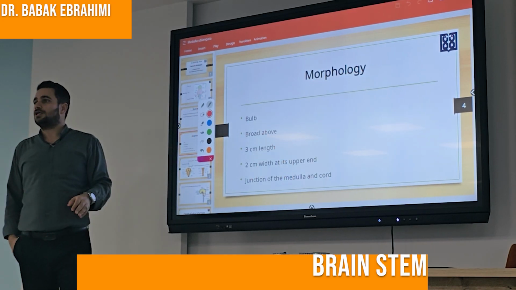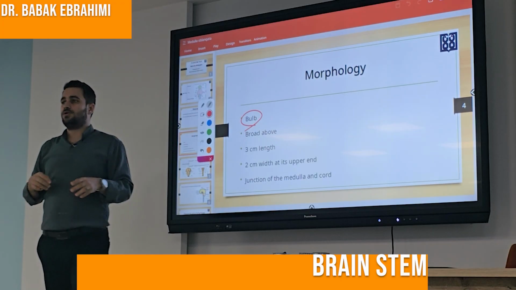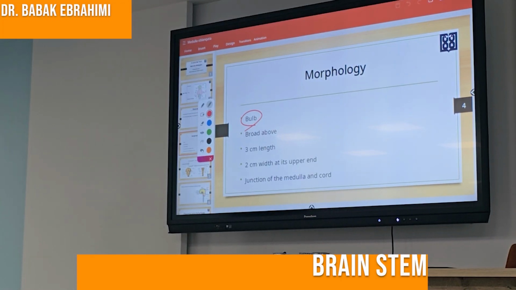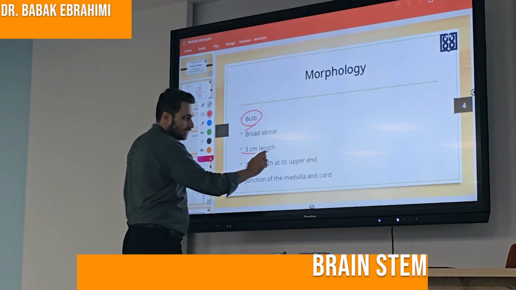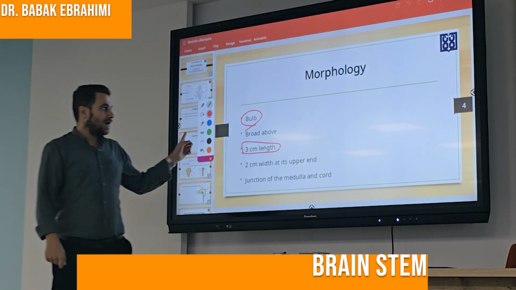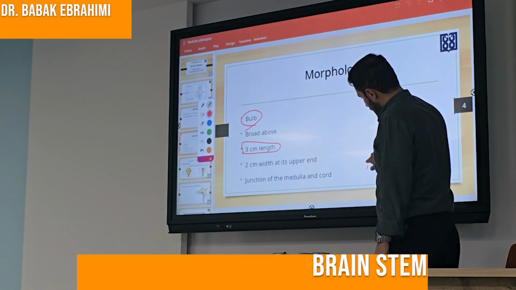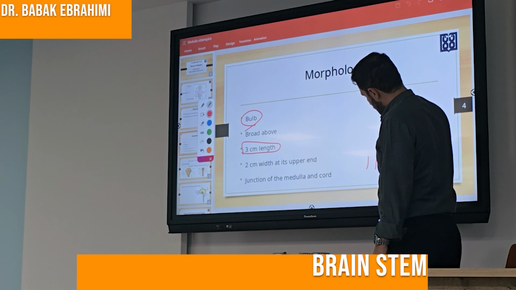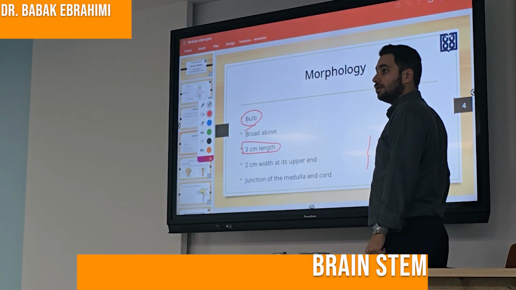The morphology. If you see at the book the name bulb, you must know that it is another name for medulla oblongata. Okay? Bulb is another name for medulla oblongata. It has 3 centimeter length. Okay? What is the shape of medulla oblongata? Look at here. It's something like this, being wide and continue.